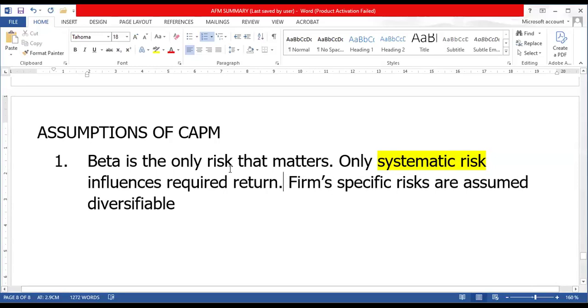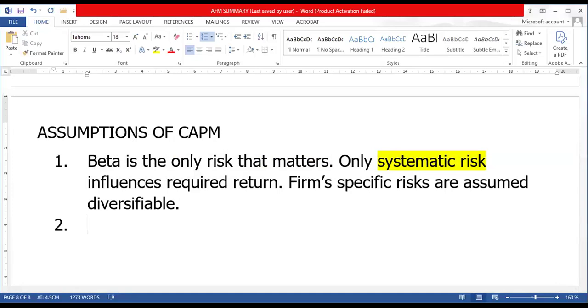But even if you put the point like this, you'll get your mark. That is assumption number 1. It only looks at systematic risk. Remember, beta is the one that helps us to measure this systematic risk.